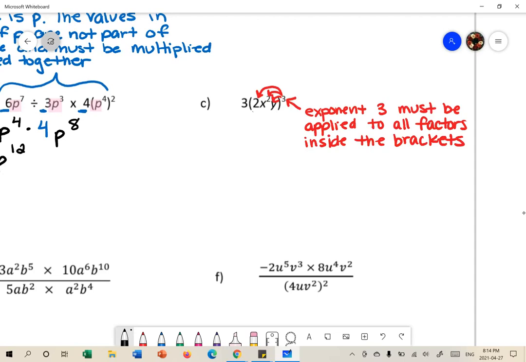So we're going to leave the coefficient as it is for now, and we're going to apply the exponent 3 to all the factors inside the bracket. 2 times 3 is 6. I'm going to simplify 2 cubed to 8.